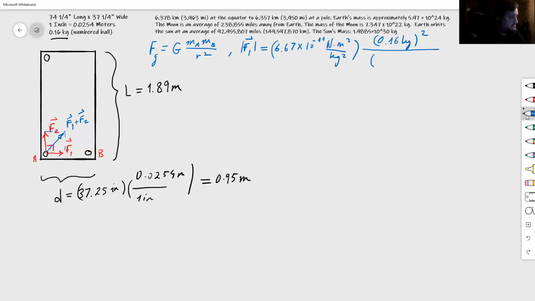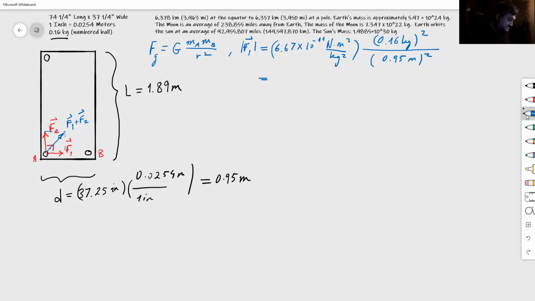In the denominator, I'll have D, which is 0.95 meter squared. Okay, so 6.67 times 10 to the negative 11 times 0.16 squared divided by 0.95 squared.